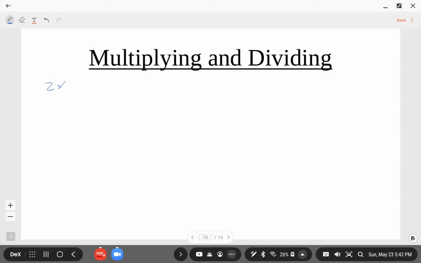2x minus 14 over 4x minus 6 times 6x squared minus 13x plus 6. How do we do this problem? Let's look at an example within an example: 2 over 4 times 2. That's basically the same format.